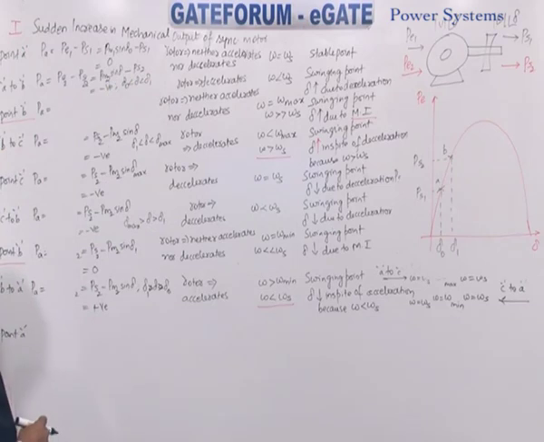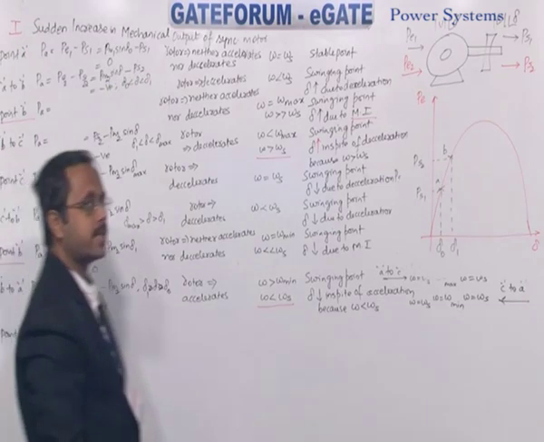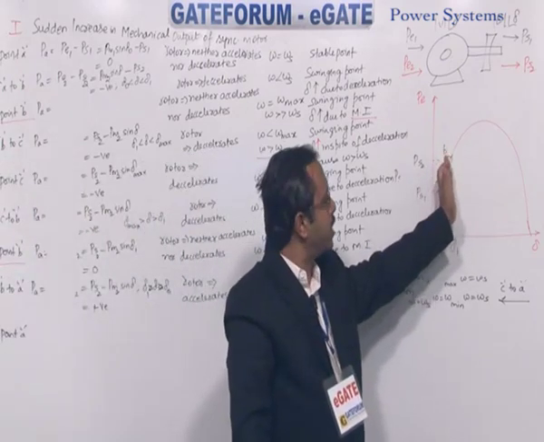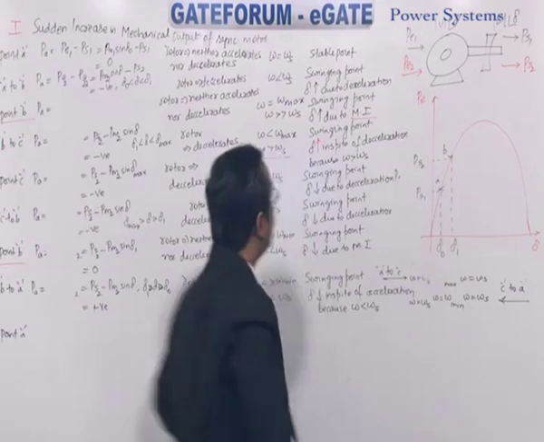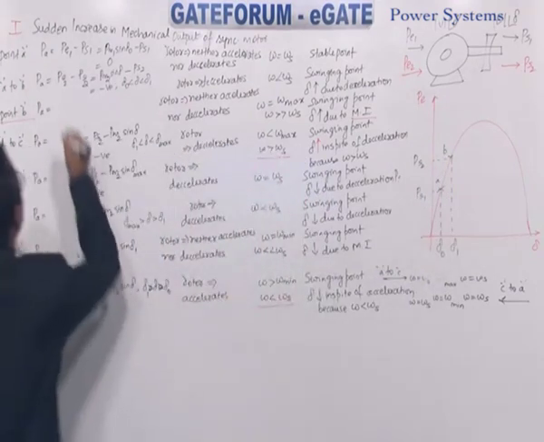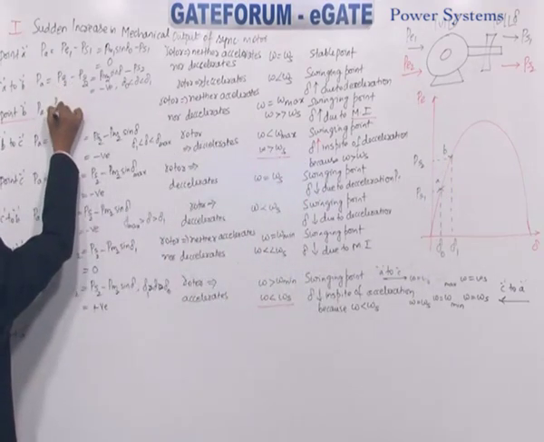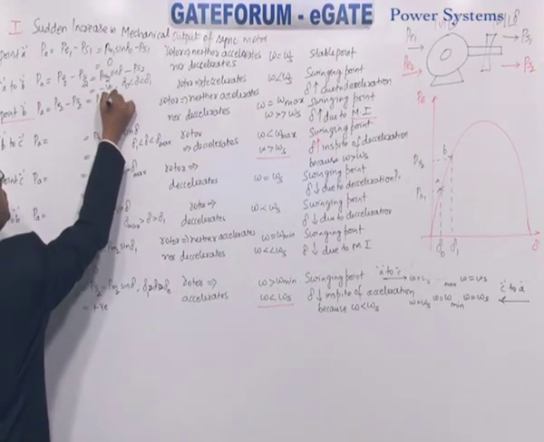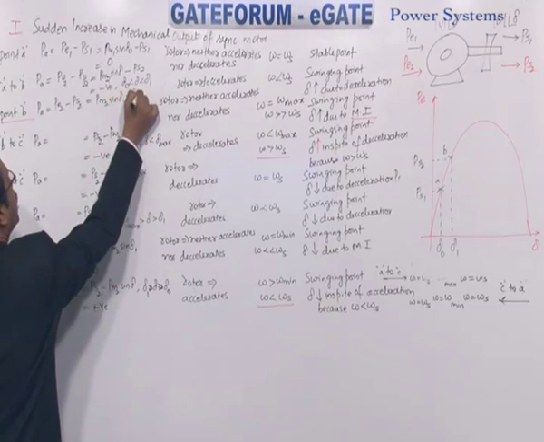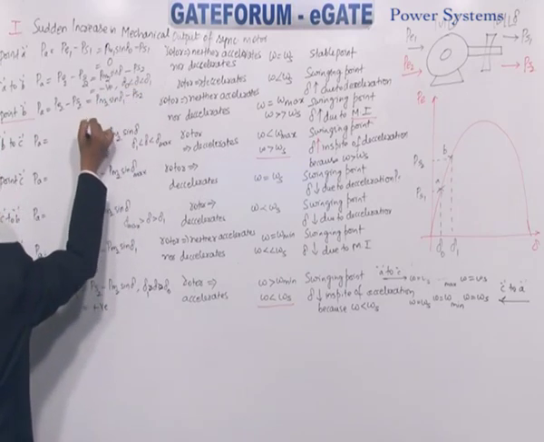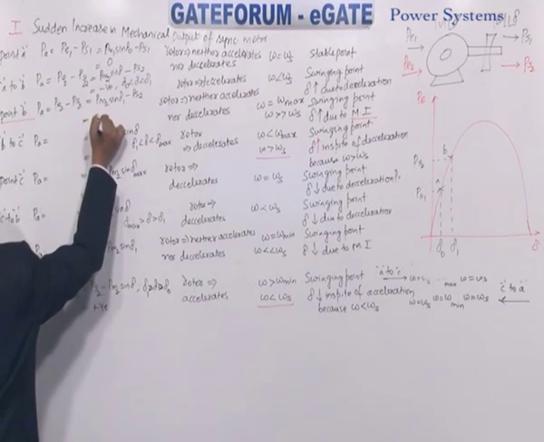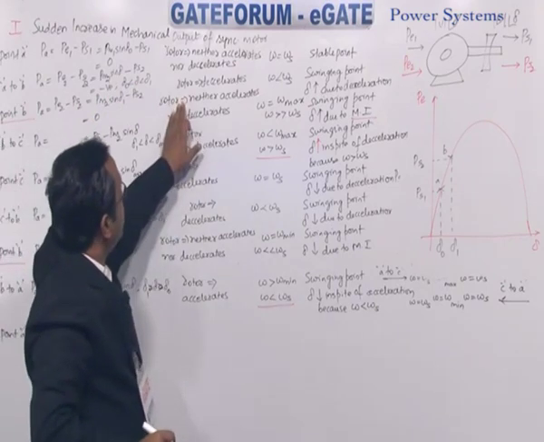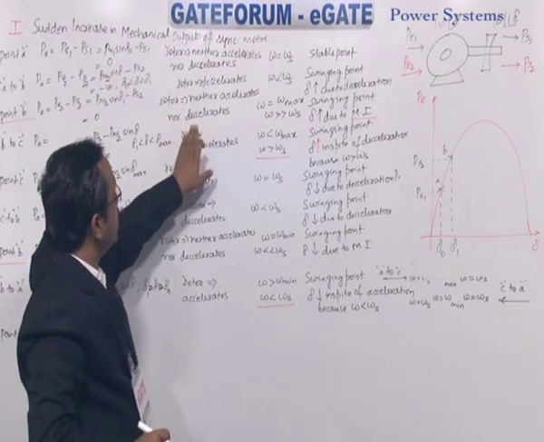Now check the point B. At this point B, mechanical output is the same as electrical input. So electrical input minus mechanical output: PM2 sine delta 1 minus PS2. What about the difference now? It is 0. So what happens to the rotor? Neither accelerates nor decelerates.